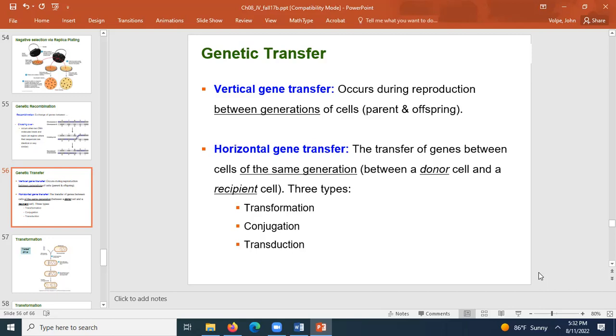Horizontal gene transfer is the transfer of genes between cells of the same generation. So the genes move from a donor cell to a recipient cell. Horizontal gene transfer can happen in three different ways: transformation, conjugation, and transduction.